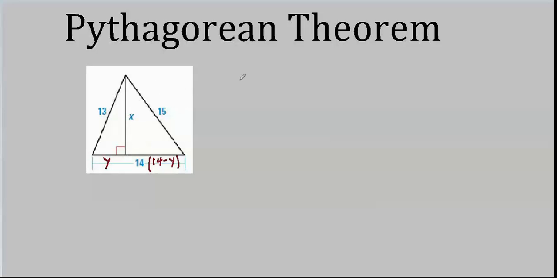So what we can do is write down two equations, both based on the Pythagorean Theorem. x squared plus y squared equals 13 squared, and here (14 minus y) quantity squared plus x squared equals 15 squared. So I've got this set up here.